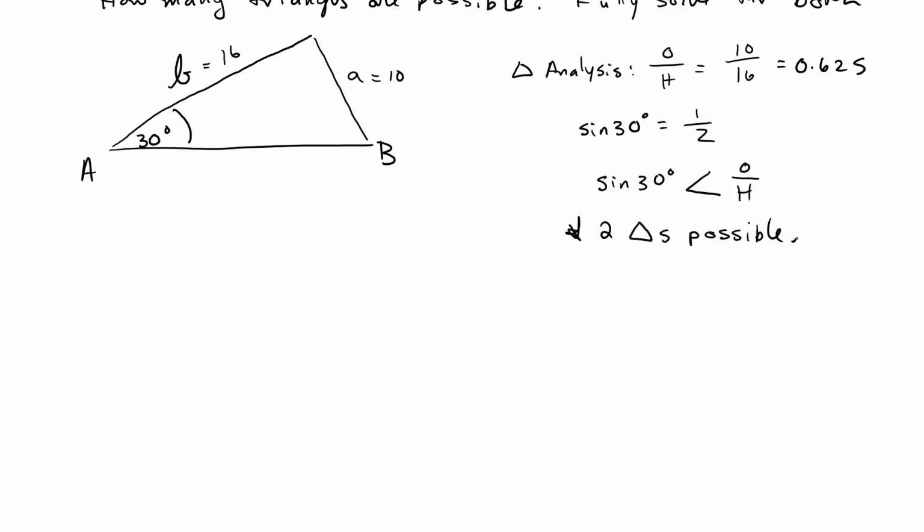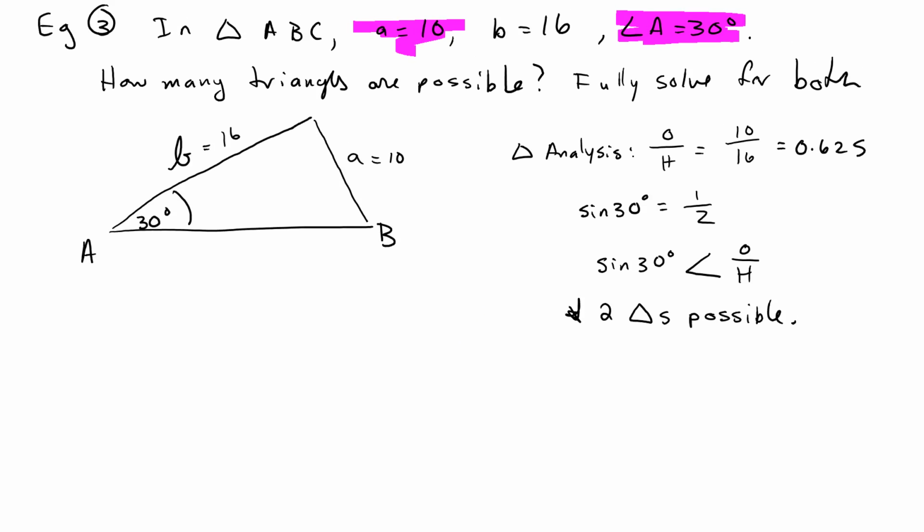So that means we're going to have to solve for this length here, which will change, this angle here, which will change, and this angle here, which will change. So we have 2 triangles here.